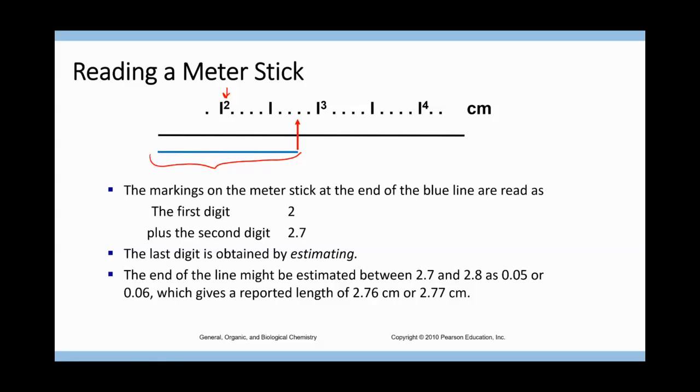It's greater than 2.5. Let me change my color here. It's greater than 2.5, and we know for sure it's greater than 2.7, but it's not quite at 2.8. It's a little bit before 2.8.